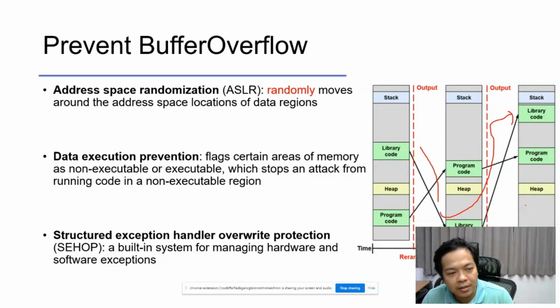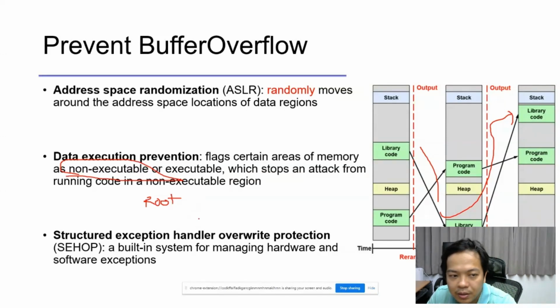The second method is related to data execution prevention. That means they can flag some area as non-executable. That means if the program puts code there, you cannot run it if you don't have root permission. You see this one in Windows, maybe after you click on a program, if you don't have administrator or root access, you cannot run the program.